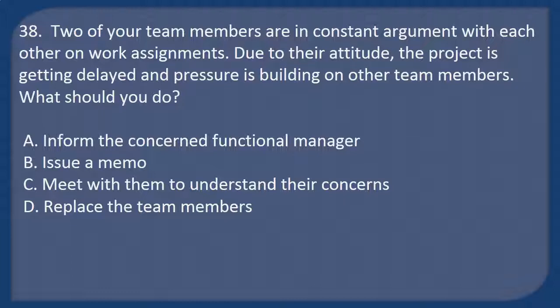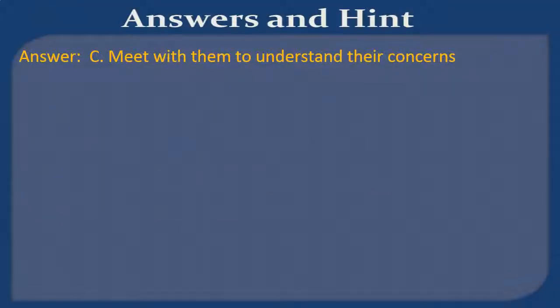A. Inform the concerned functional manager, B. Issue a memo, C. Meet with them to understand their concerns, D. Replace the team members. Answer: C. Meet with them to understand their concerns.